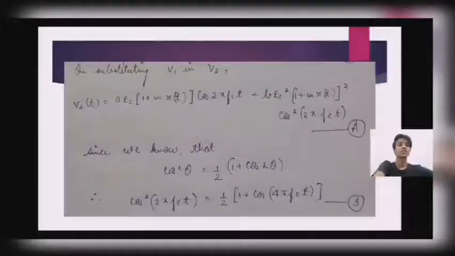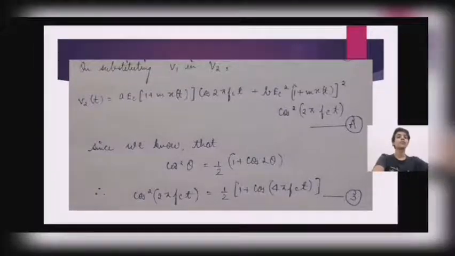Now we will put the value of V1 in equation 1 and simplify the equation. After substituting V1 in V2, we get the result given as equation A. Since we know that cos²θ = 1/2 (1 + cos 2θ), we use this identity to simplify the last term of the equation, cos²2πfct.